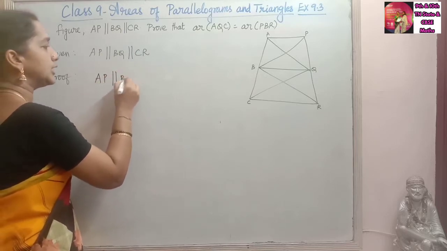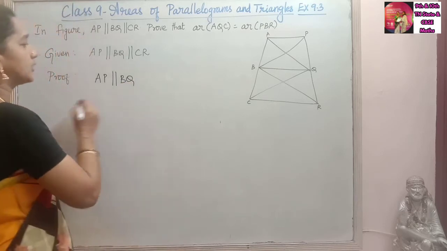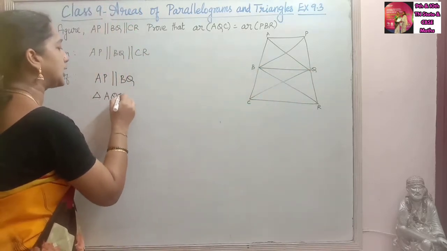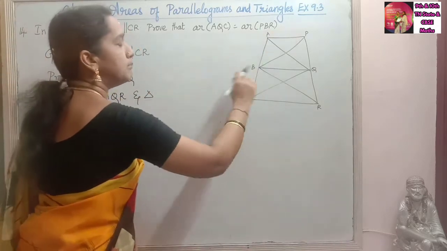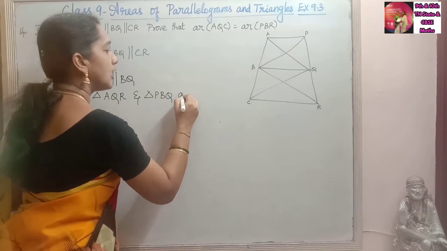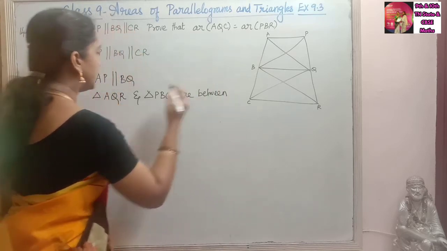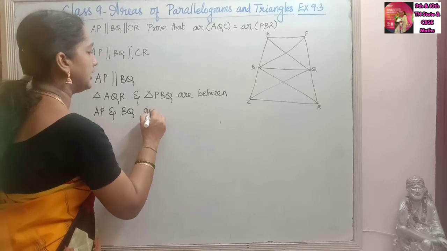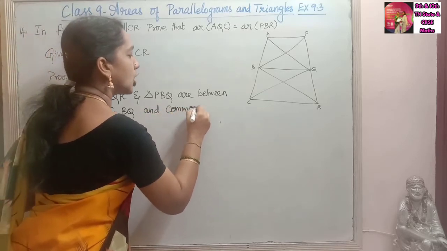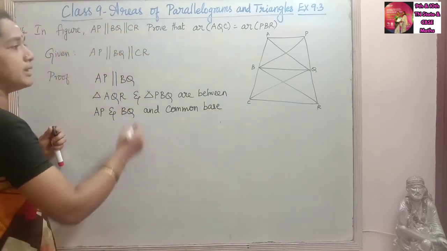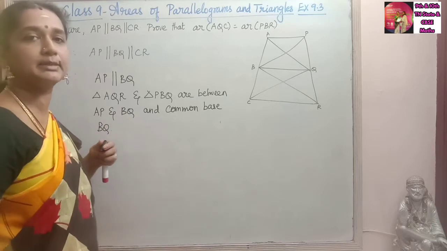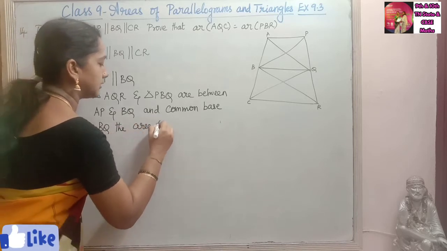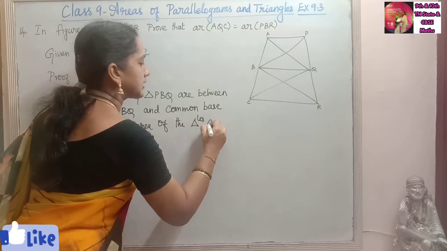If AP is parallel to BQ, triangle AQB and triangle PBQ are between the parallels AP and BQ and on the common base BQ, so both the areas are equal. The areas of the triangles are equal.